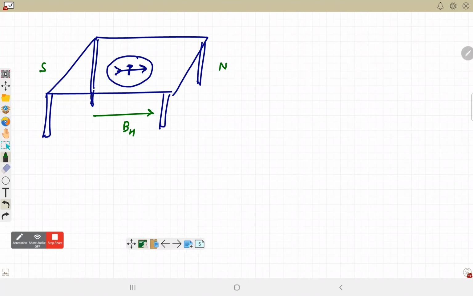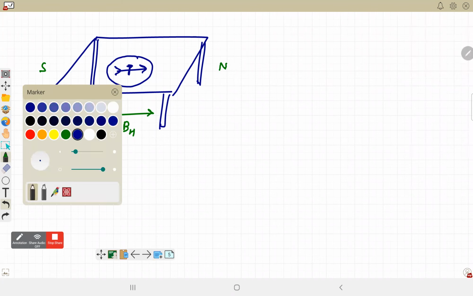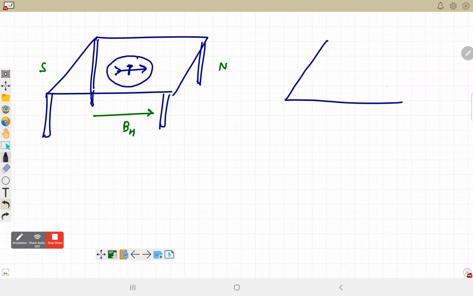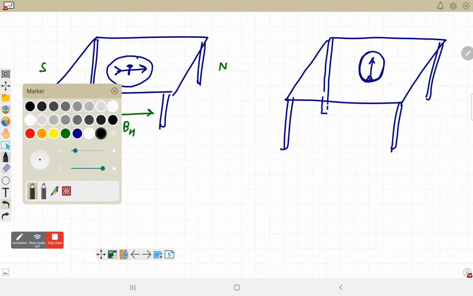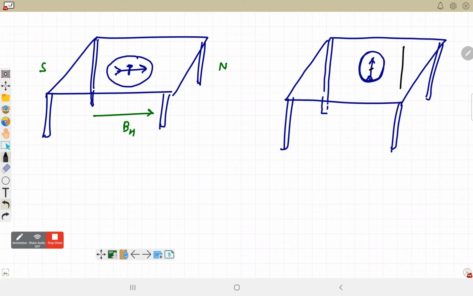अगर हमने इसी टेबल पे इसको वर्टिकल करके रख दिया, this needle is kept now vertical. अभी ये पॉइंट करेगा अर्थ की डायरेक्शन के परपेंडिकुलर, तो अर्थ के लॉन्ग तो BH है, परपेंडिकुलर में कौन सा कंपोनेंट है, तो दिस कंपोनेंट इज नाउ इन द डायरेक्शन ऑफ BV.